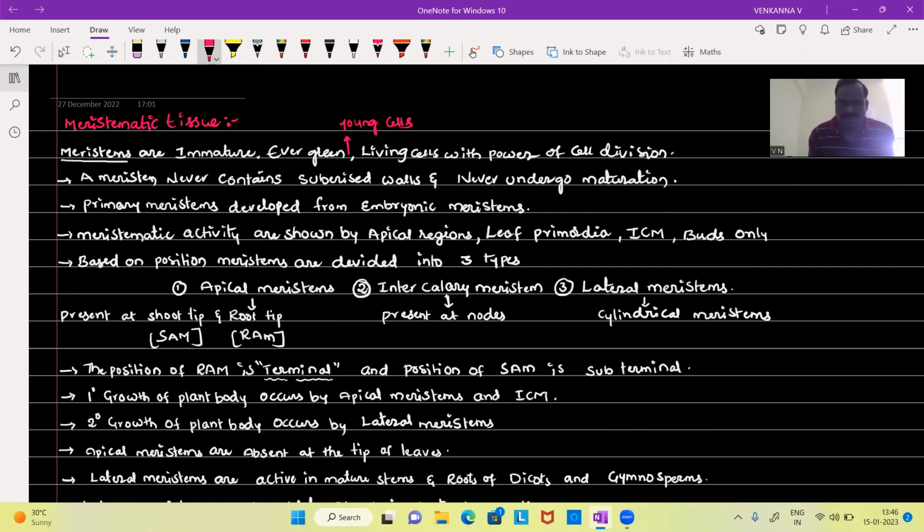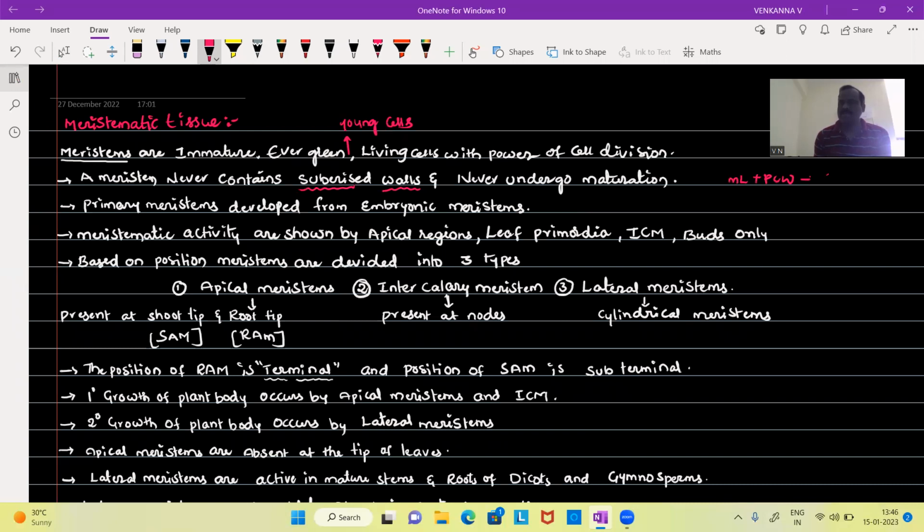A meristem never contains a suberized wall. Suberized walls are completely absent in meristematic cells. It means the cell wall of a meristem has only two layers in its structure. The two layers are the middle lamella and the primary cell wall.